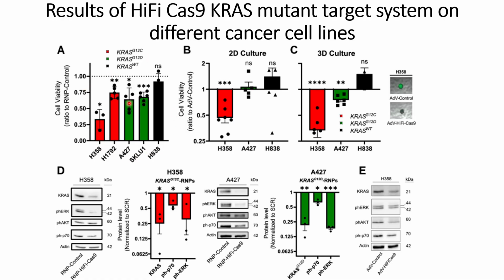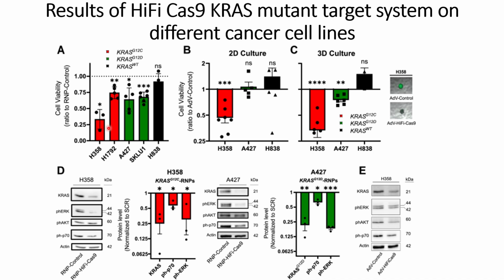First they use the cell lines that I mentioned here: H358, H1792, A427, SKLU1, H838. Among those, the first two cell lines have the KRAS G12C mutation, the next two have the KRAS G12D mutation, and the last one has no mutations.